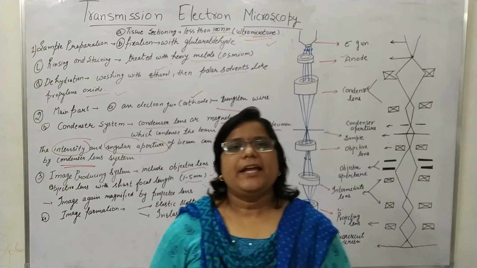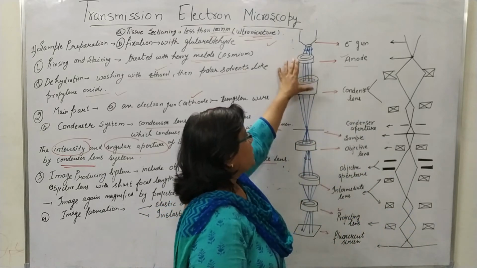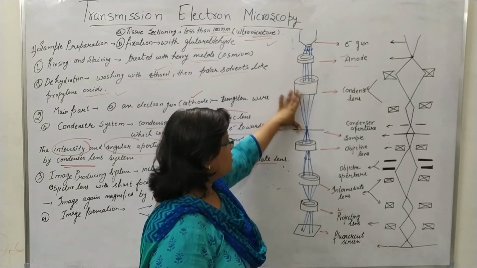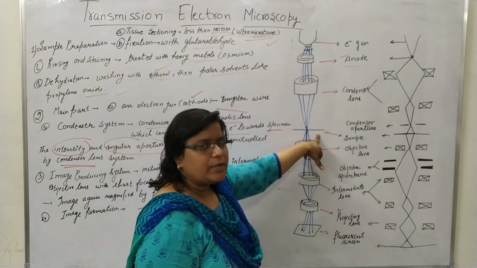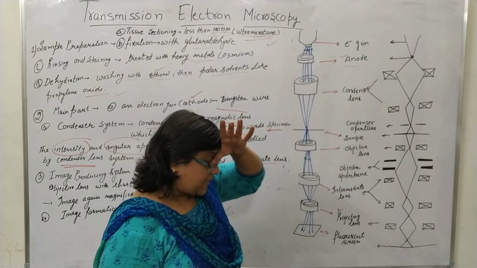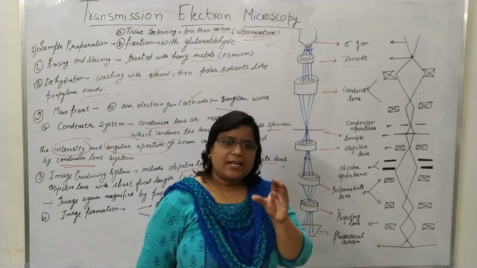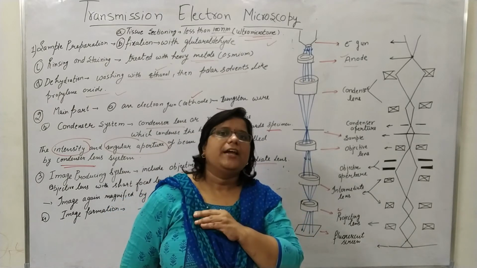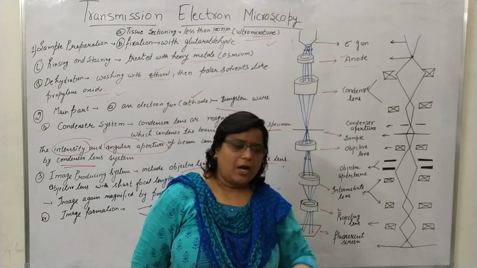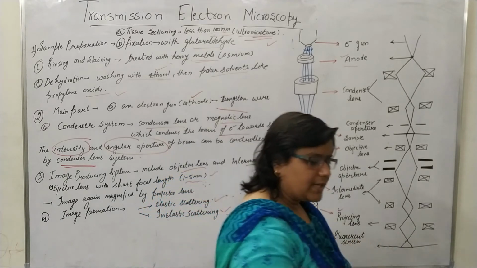In the TEM, the electron beam which comes as the primary electrons interacts with the sample. When the electron beam interacts with the sample, it produces scattering. And how scattering takes place, let's see.